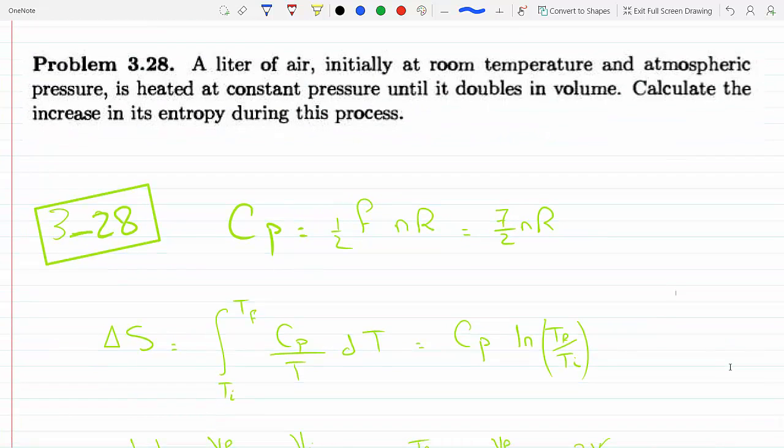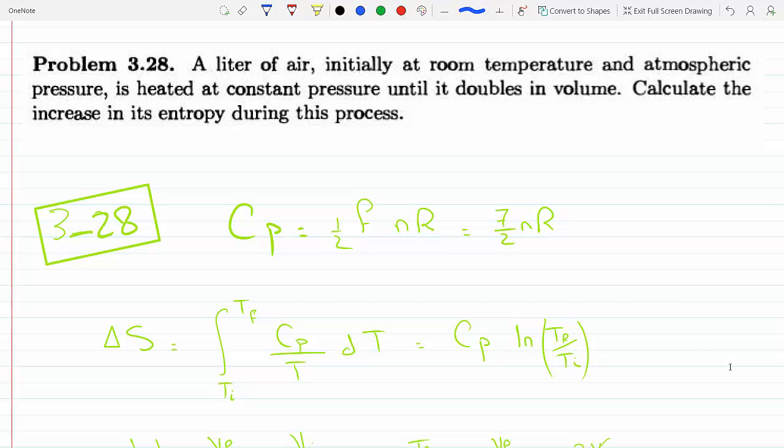So here we are talking about a gas, air, initially at room temperature, and the pressure remains the same. Hence, we are working with Cp instead of CV. However, the formula does remain the same.